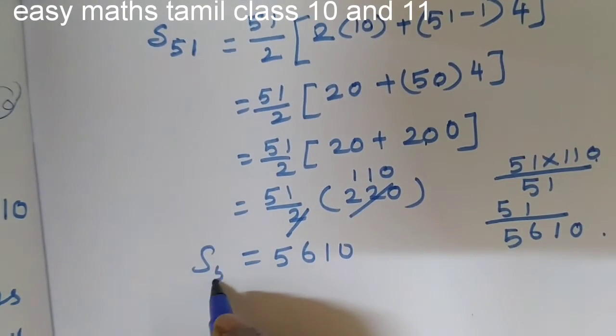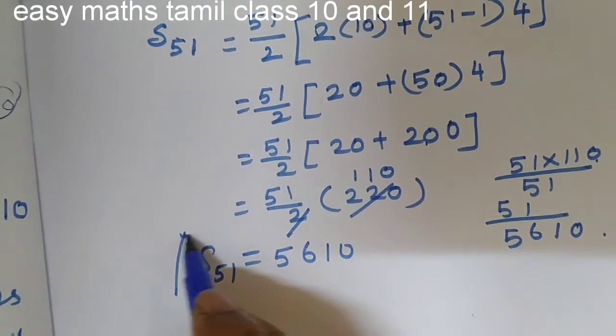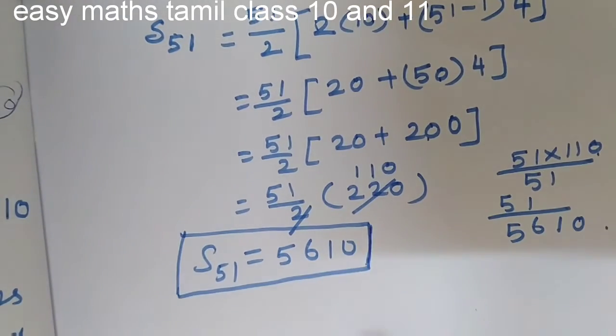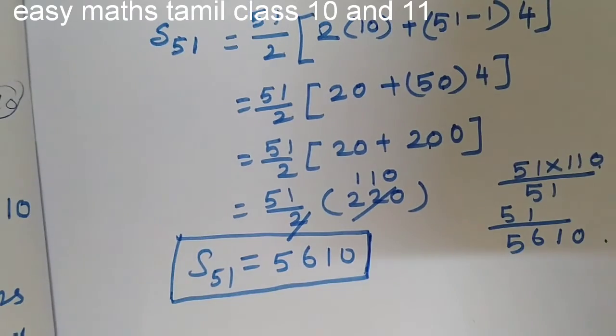So S51, the sum of the first 51 terms, is 5610. Answer.